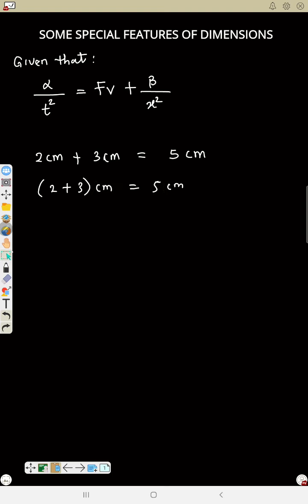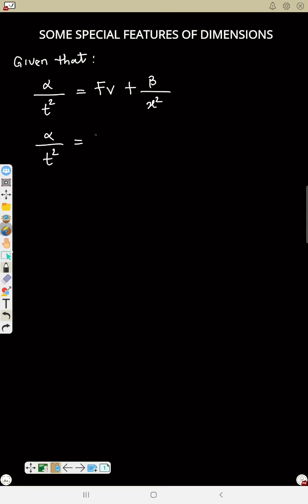So now let me show it for better understanding. Now we have shown that, look at alpha over t square. We have shown that the dimension of fv is, if you recall, ml square t raised to power minus 3. Now also the dimension of beta over s square should be the same as the dimension of fv.